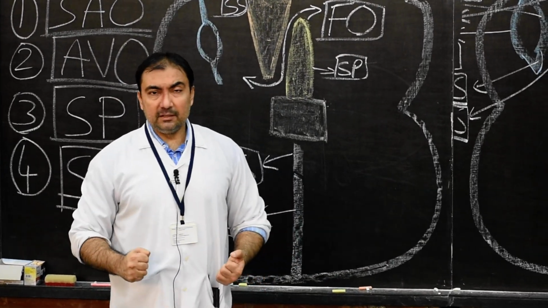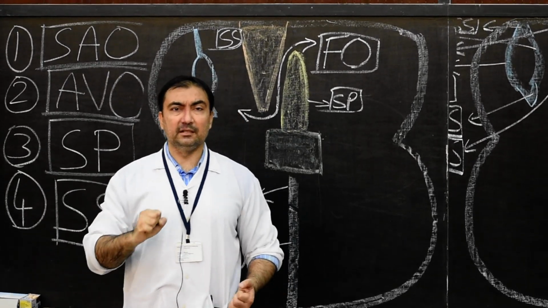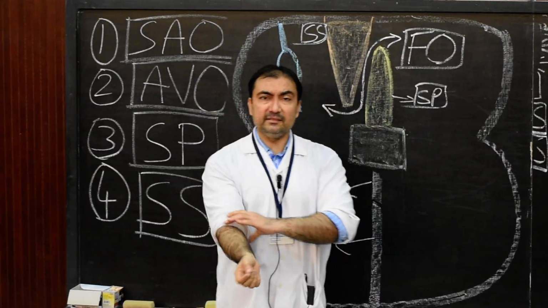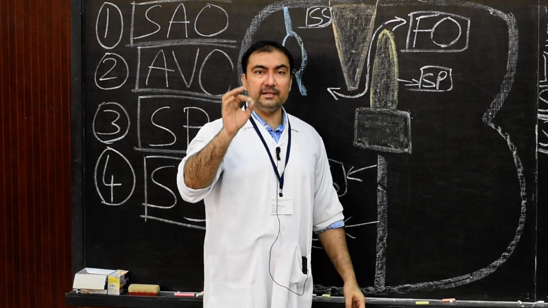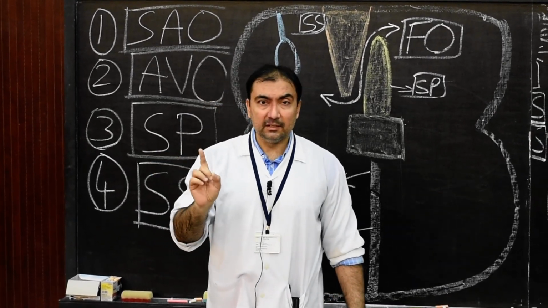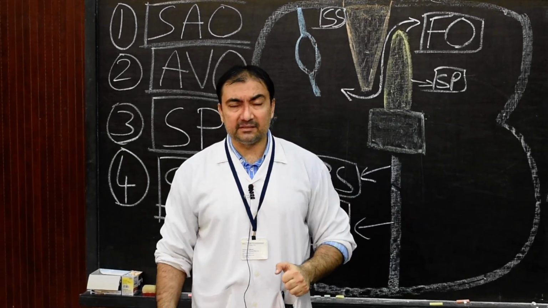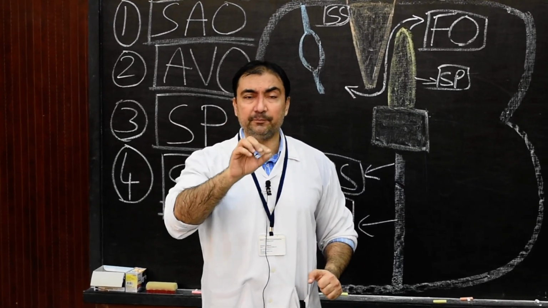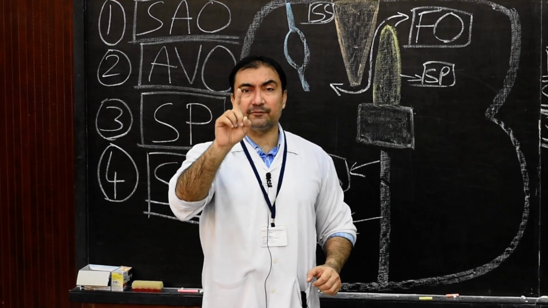Now what will happen? In 20% of cases, sometimes this foramen ovale will remain structurally patent. Remember, structurally, not functionally. So structurally, it will remain patent in 20% of cases, and that will be known as probe patency of foramen ovale, which is a frequently asked 1-mark question.